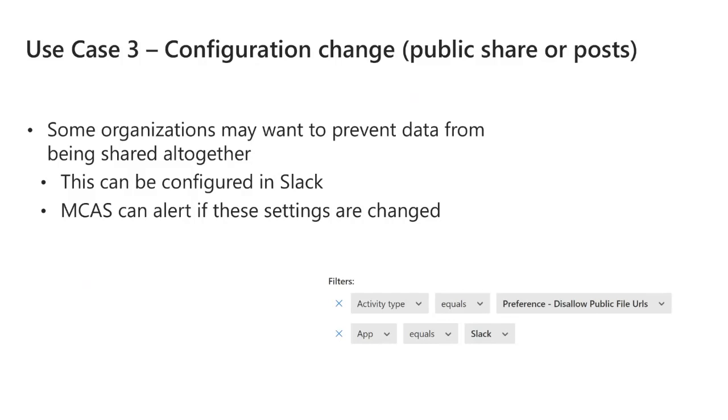In your organization, the recommendation may be to disable public sharing, not only in Slack, let's say in several SaaS applications. In Slack and in other SaaS applications you can configure this, depending on which SaaS application exactly, but in Slack you can configure that MCAS will detect and alert if this configuration is being changed to enabled, or even disabled, but usually you want it if this configuration is being enabled.